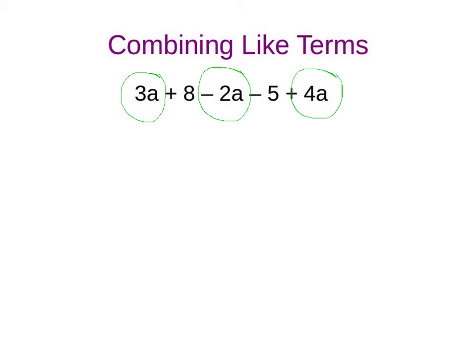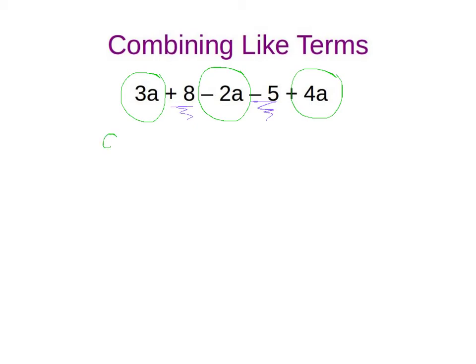Now, let's identify our constants. Positive 8 and negative 5 are our constants. Now, let's combine our like terms.